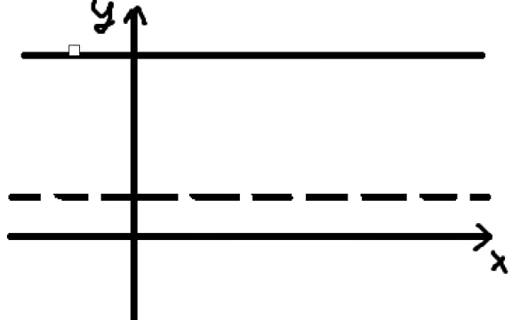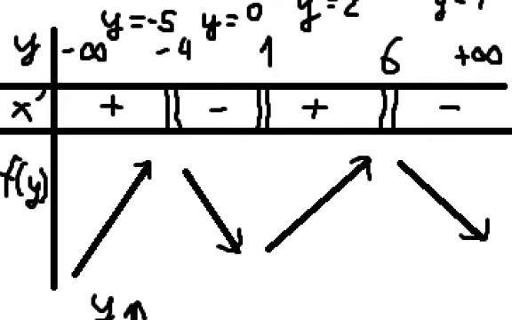Because we don't have the value at negative 4, 1, and 6, we need to use dotted lines. So we have negative 4, positive 1, and positive 6.